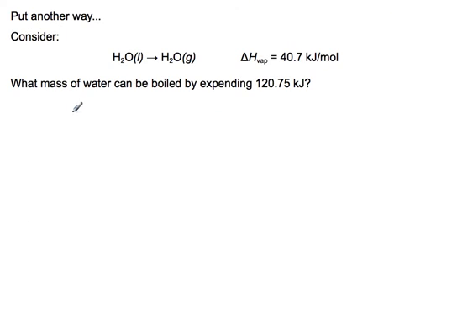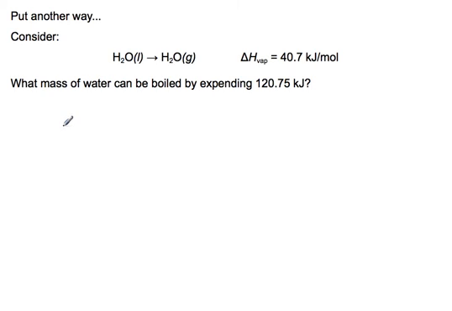One last example. What about if it's phrased this way? What mass of water can be boiled by expending 120.75 kilojoules of energy? Well, there's the enthalpy of vaporization. Remember what enthalpy of vaporization infers: it's the amount of energy required to cause a phase change between substances, and for water, vaporization is from liquid to gas.